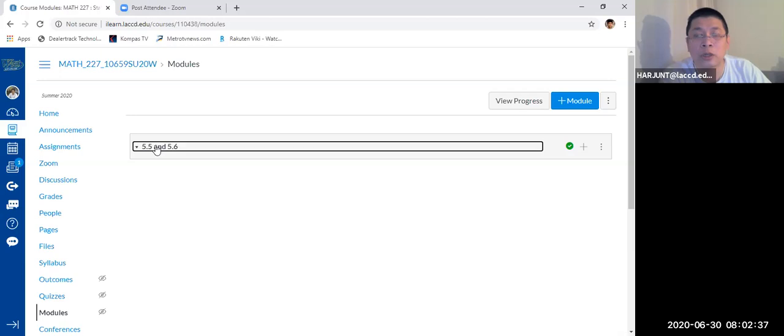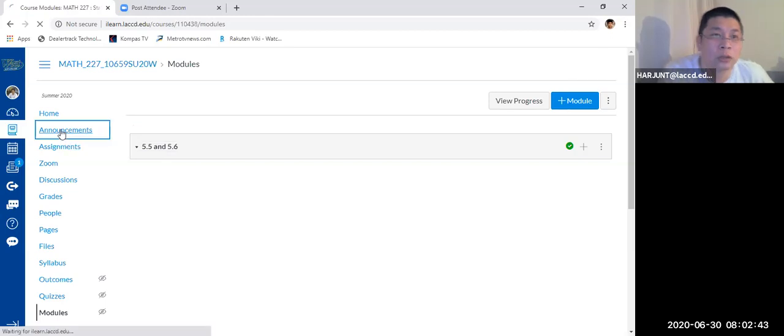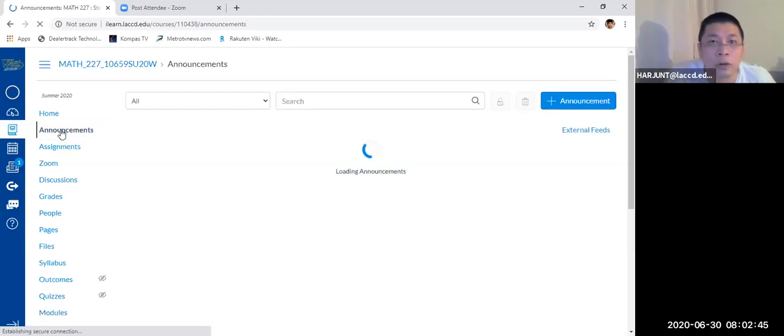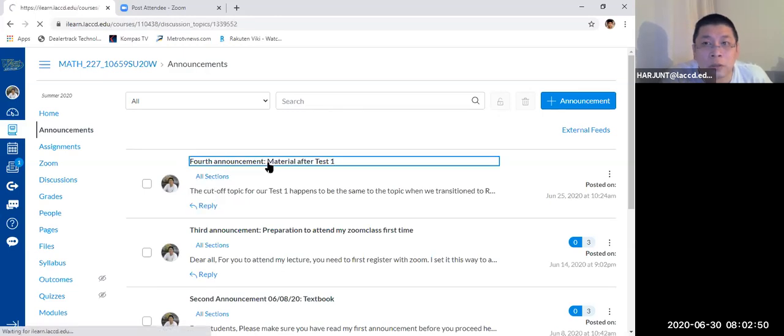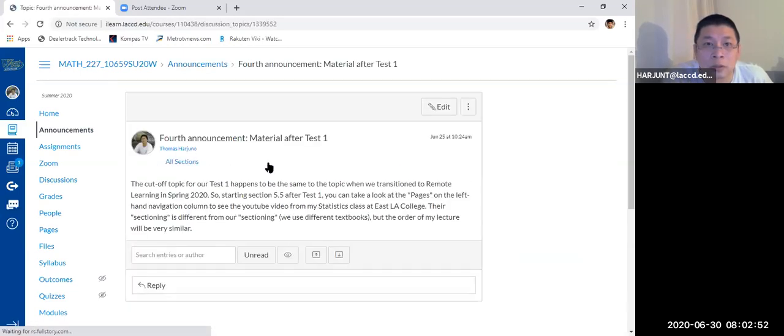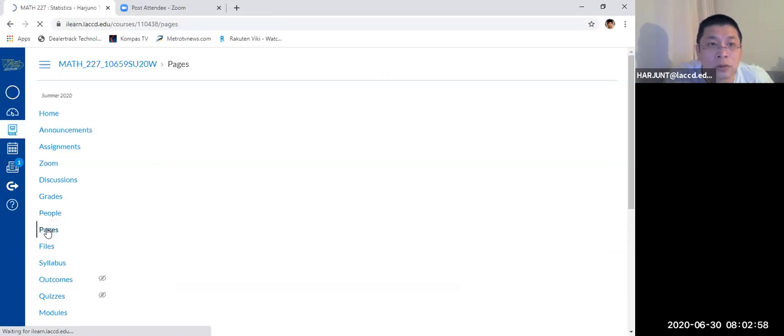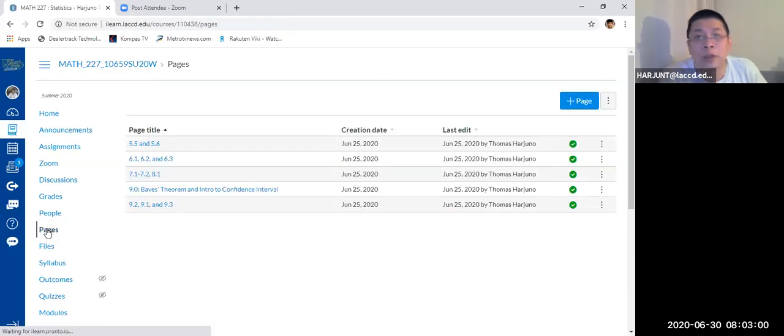Where did I put it? Give me a second. I really thought I did it already. Oh, I put it on pages. Sorry. I thought I put it on modules, but I put it on pages.